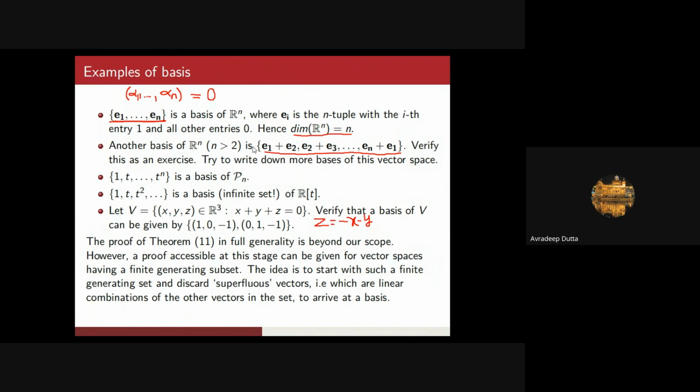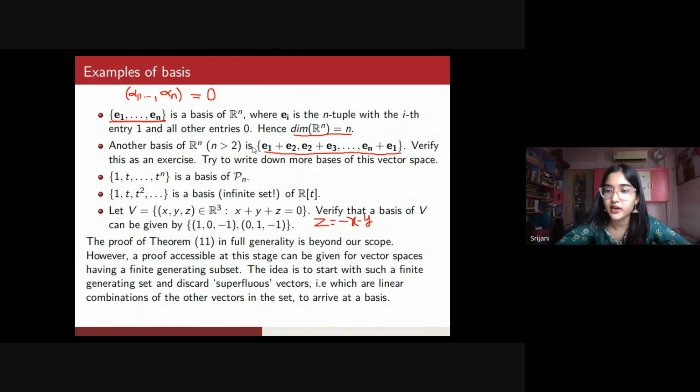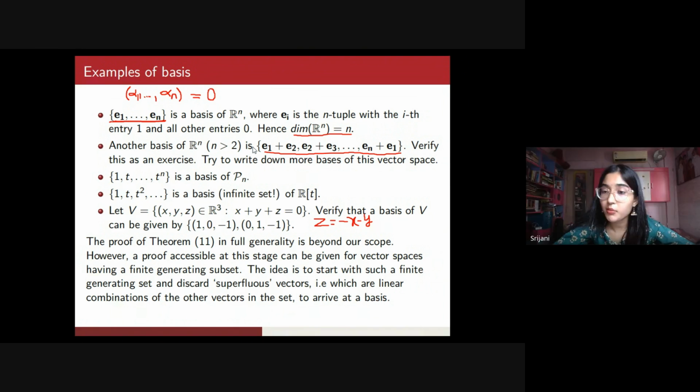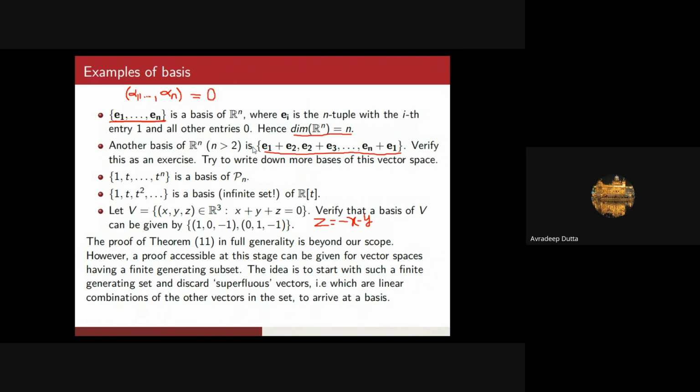Does the number of independent vectors depend on the number of all the vectors in that space, or is it independent of that? I didn't get your question. There are sets which are independent and sets which are dependent. I was asking about the number of independent vectors in that particular vector space.